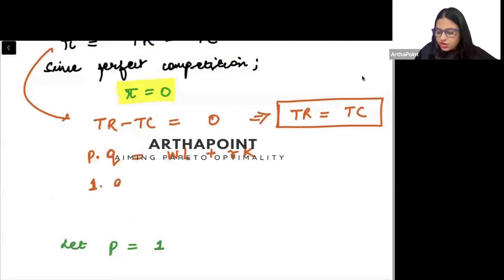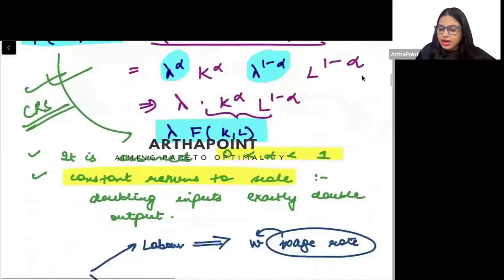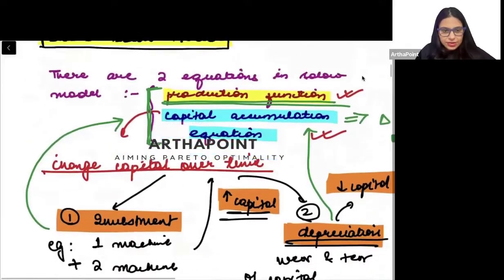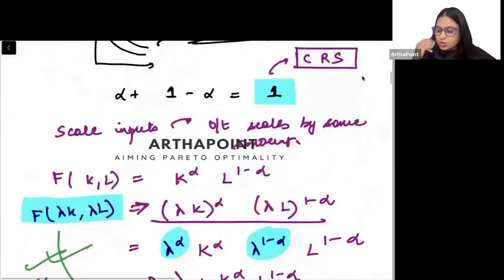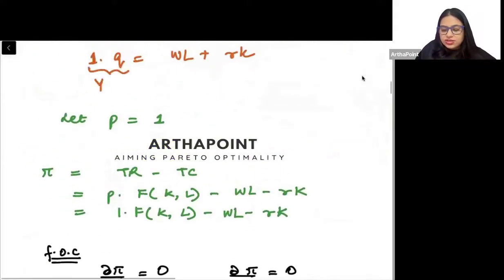So I will get 1 into Q equal to WL plus RK. Right? And we just said, हमने क्या बोला था कि जो हमारा output है वही GDP है. Output and GDP are the same thing. We said in one of the assumptions, right? So we can therefore get that output is nothing but GDP. Y is equal to WL plus RK.